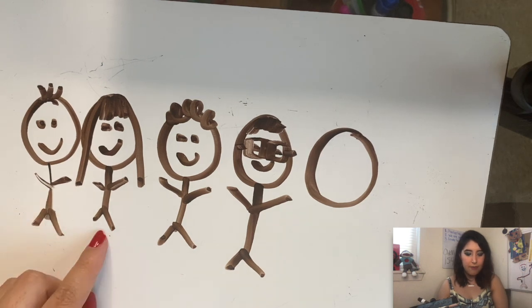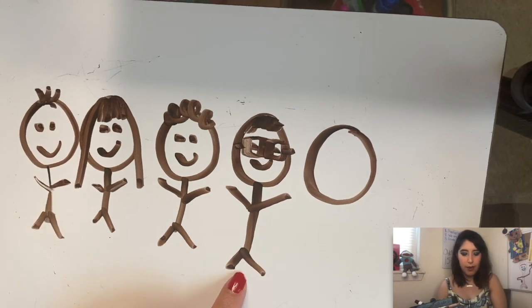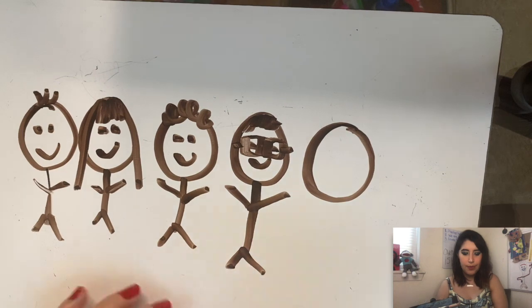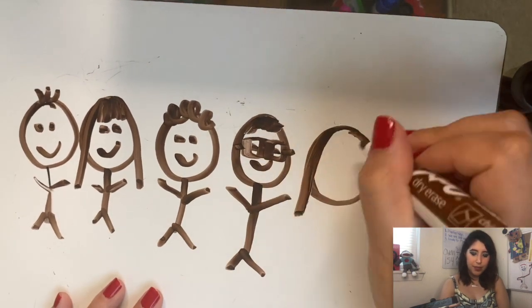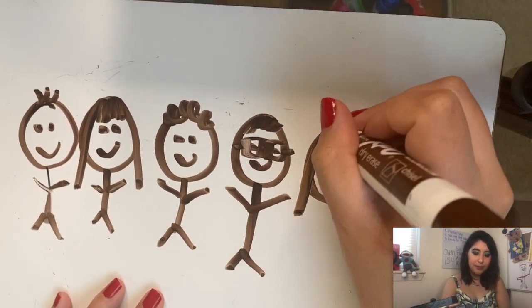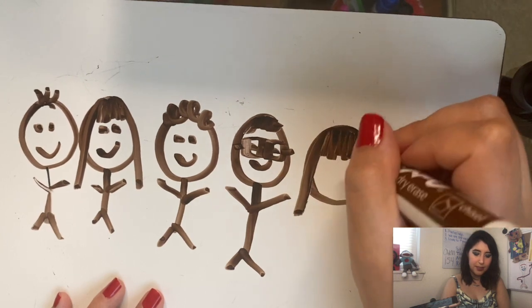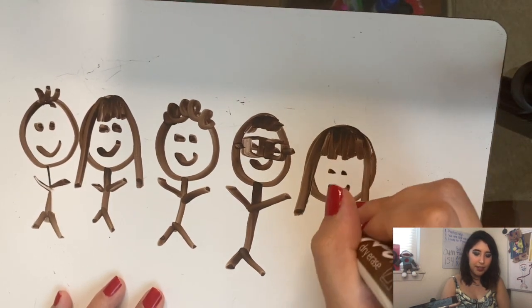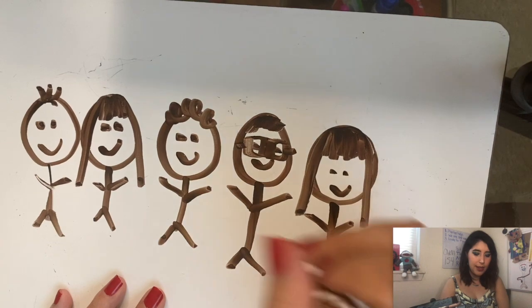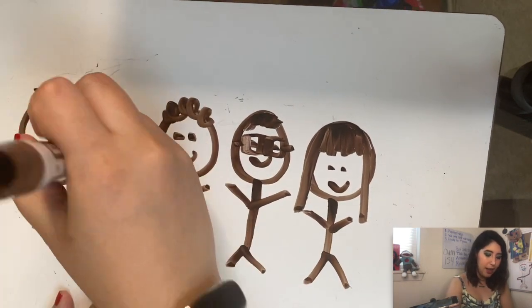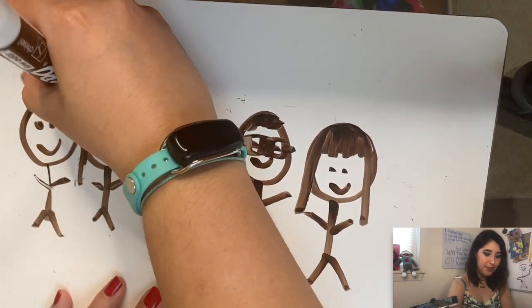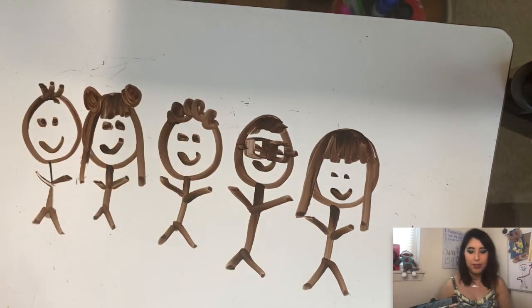So Jacob, Violetta, Rowan, Ever. I guess we'll do another girl. Laura. She also has bangs. Laura wears her hair down more, so maybe I'll put Violetta's hair. I'll do 2 buns because Violetta likes to wear the buns, right guys?